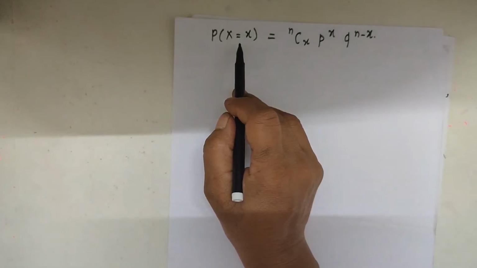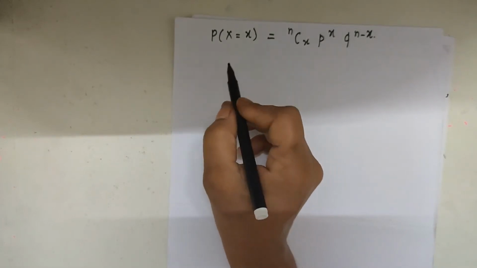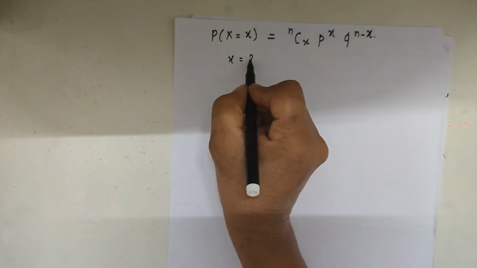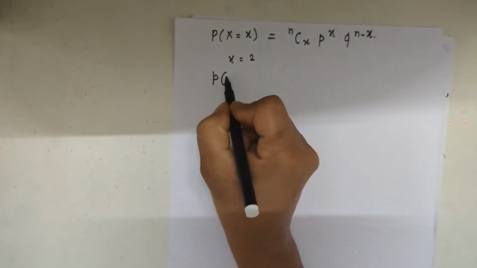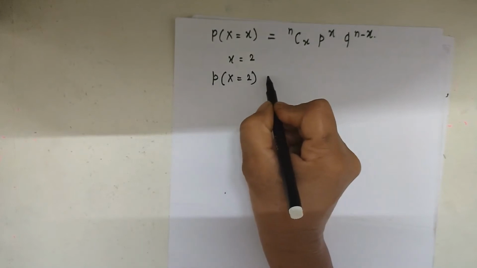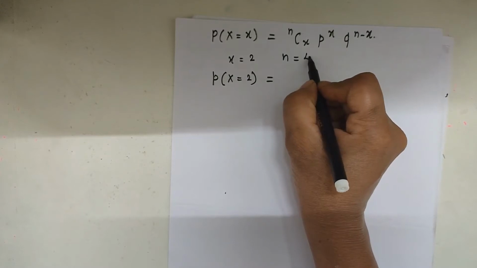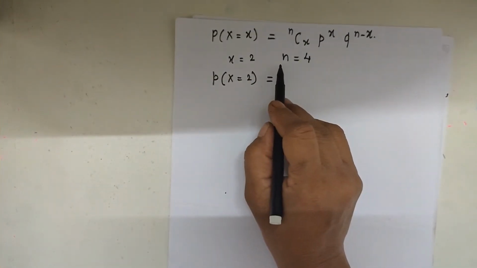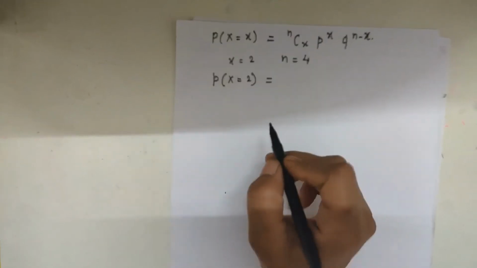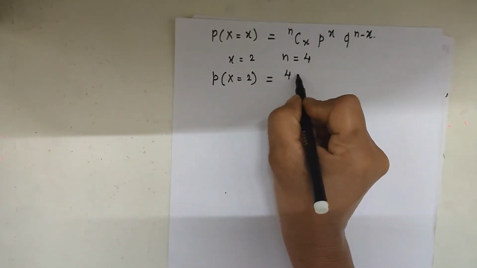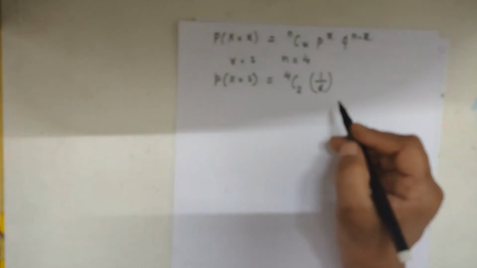Here we have to find the probability for two successes, so x is equal to 2. The total number of trials is 4, so n is equal to 4 and x is equal to 2.